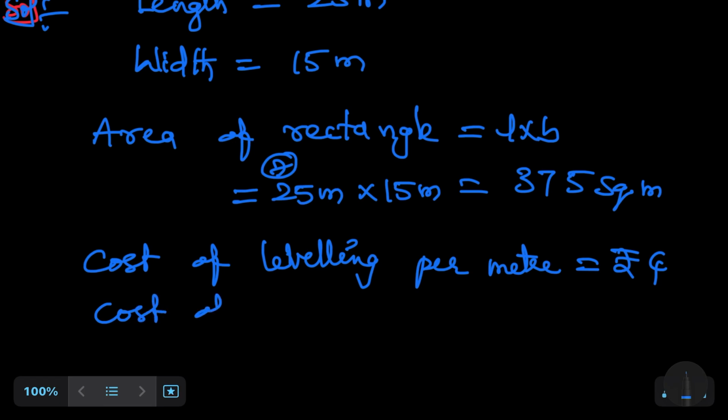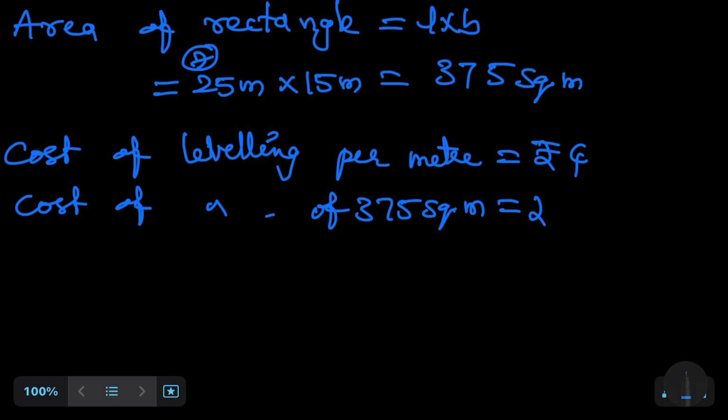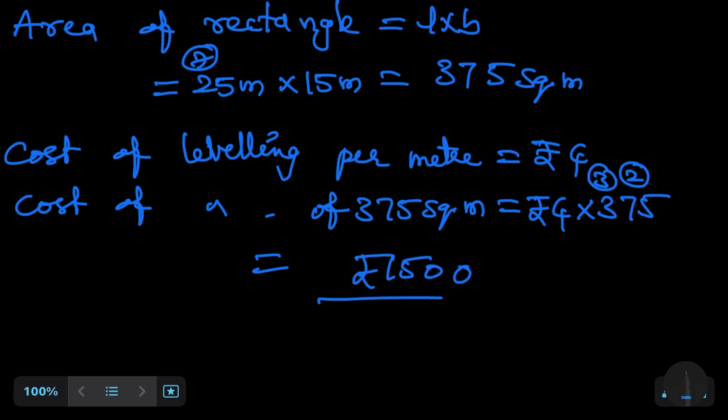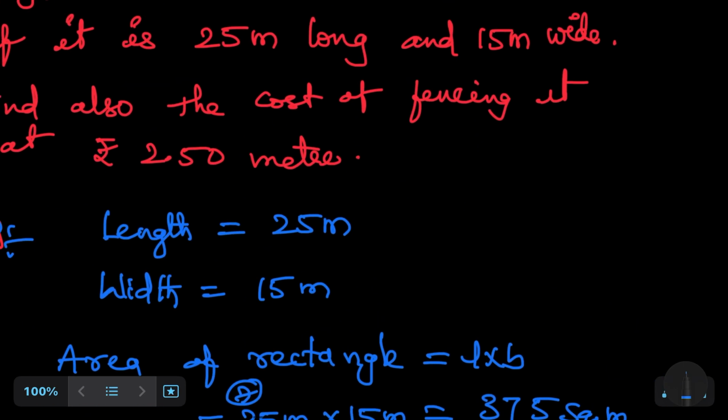Cost of leveling of 375 square meters is equal to 4 rupees into 375. 4 5s are 20, 2 carry over, 4 7s are 28 plus 2, 30, 3 carry over, 4 3s are 12 plus 3, 15. 1500 rupees is the cost of leveling of the rectangular area.